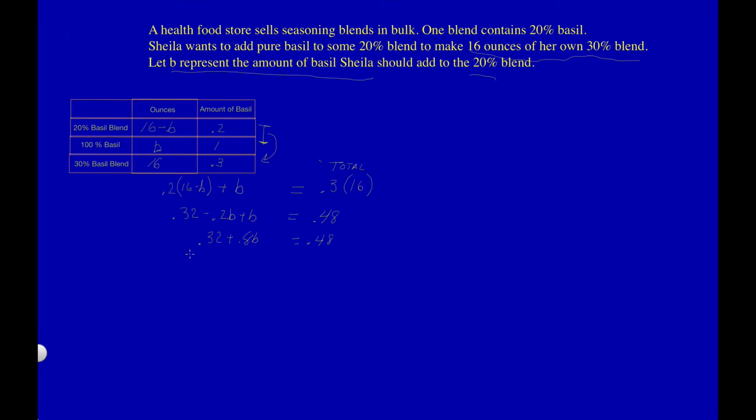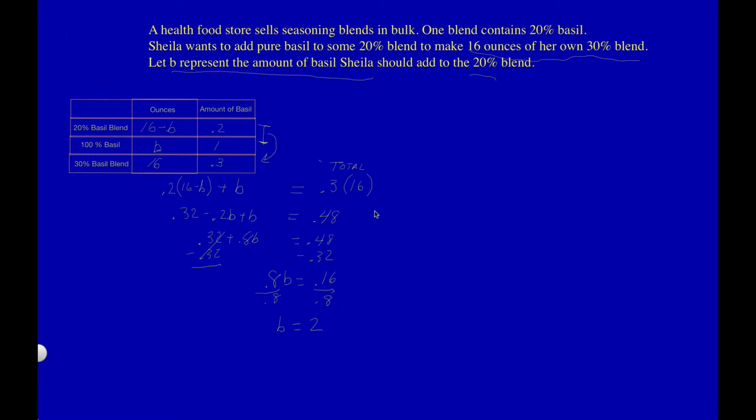Now we subtract 3.2 from both sides, and we end up with 0.8B equals 1.6. We divide both sides by 0.8, and we end up with B equals 2.